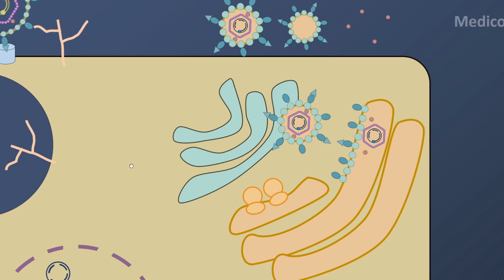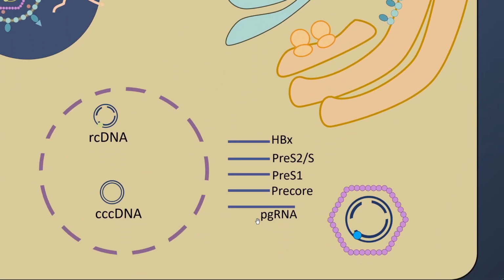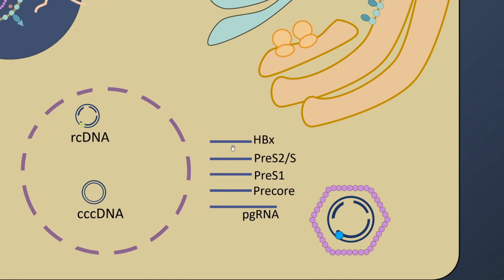By the way, these pregenomic RNA and most of the other proteins are translated from these mRNA by ribosomes that are present inside the cytoplasm, right? Ribosomes can be present inside the cytoplasm.